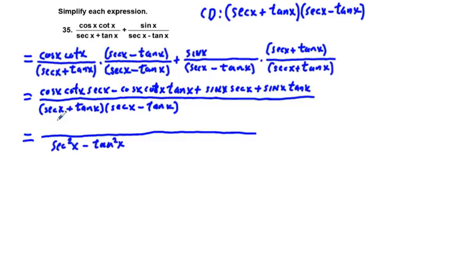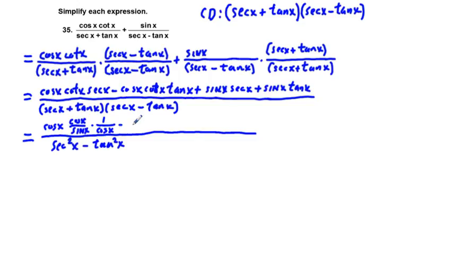So this cosine x we write as cosine x, and then we're going to have cotangent x, which is going to be cosine x over sine x, and then we have secant x we're going to rewrite as 1 over cosine x.